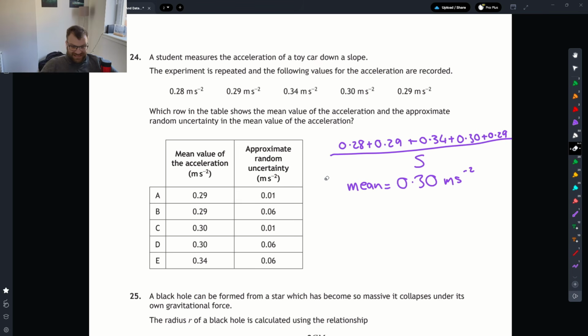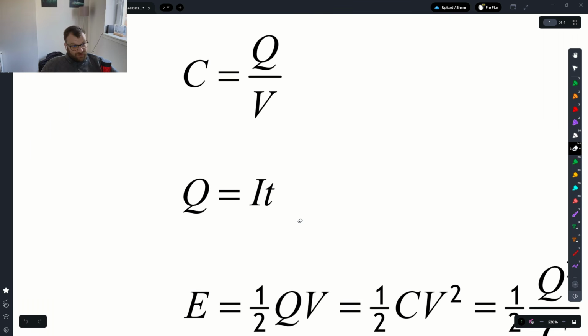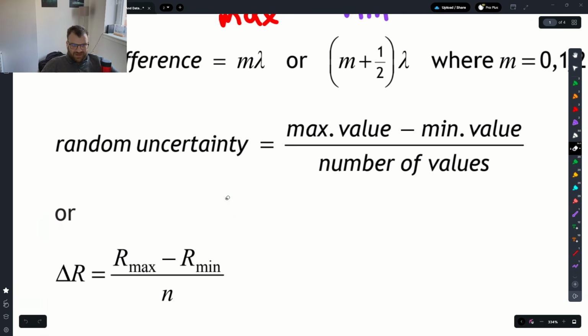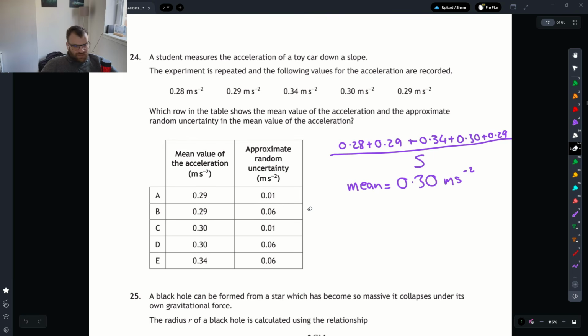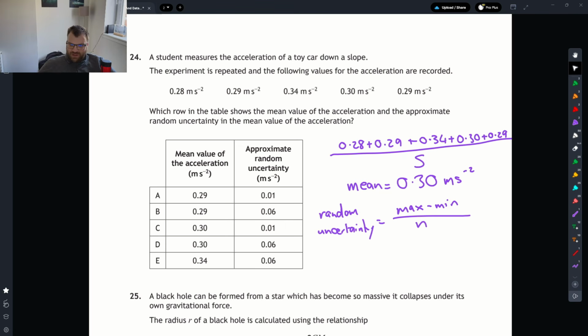When it then comes to the random uncertainty, if someone forgot how to get the random uncertainty, it's in the relationship sheet, which is max value minus min value, over number. So plugging that in, our maximum value 0.34, minimum value 0.28, all over 2, 0.06 over 2 gives 0.03.